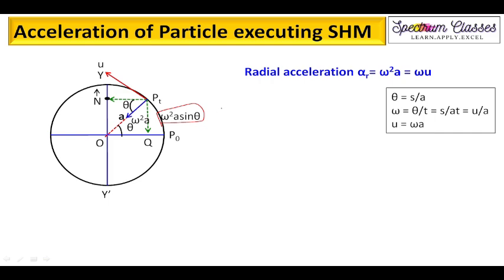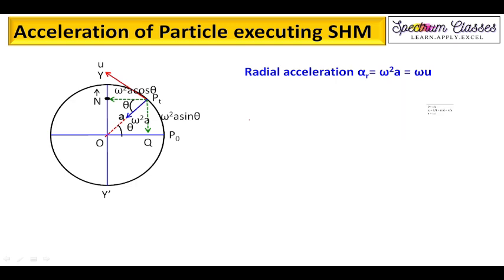So this is in the parallel direction to my OY, this omega square a sine theta. Now perpendicular to this OY will be this line, and this will be equal to omega square a cos theta. Right, so here I'm just going to write down.